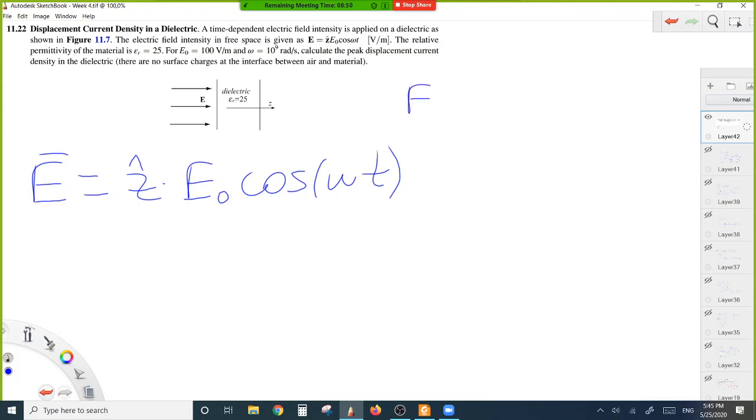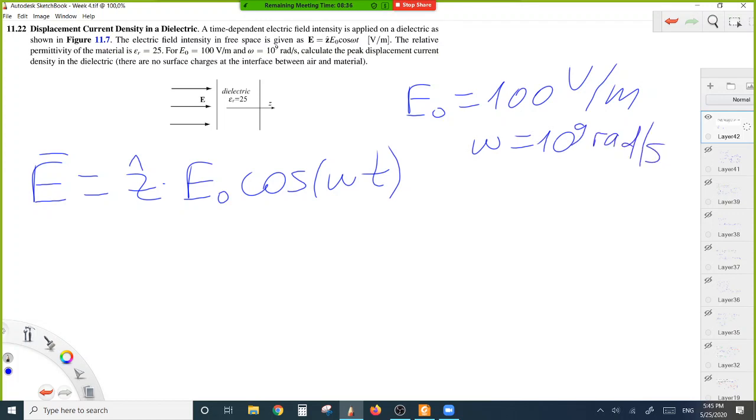E0 is given as 100 volt per meter, omega is also given, 10 to the 9 radians per second, and epsilon r, the relative electric permittivity, is 25. Calculate the peak displacement current density in the dielectric. There is no surface charge at the interface between air and material.